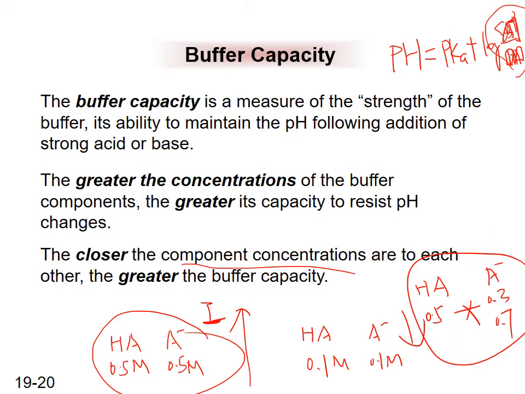If these two are the same, then whenever you add a small amount of acid or base, the ratio change is much smaller than when they are different. In the textbook, there are two examples showing that when the concentrations of acid and conjugate base are the same, it resists the most change in pH from the acid or base added.